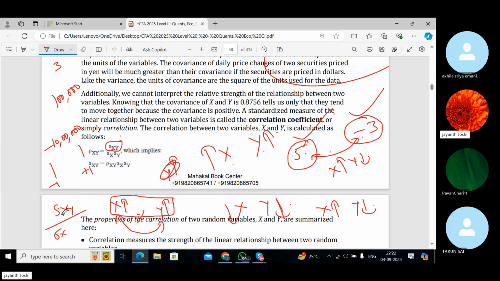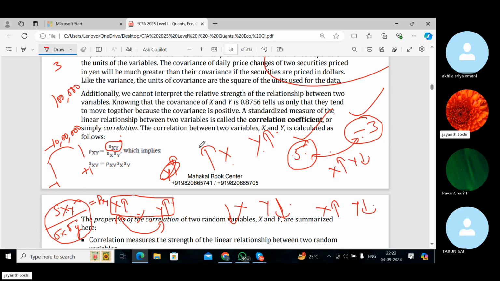So covariance of XY divided by standard deviation of X and standard deviation of Y. With this they normalized the covariance and got correlation, that is rho xy, the Greek letter rho xy.